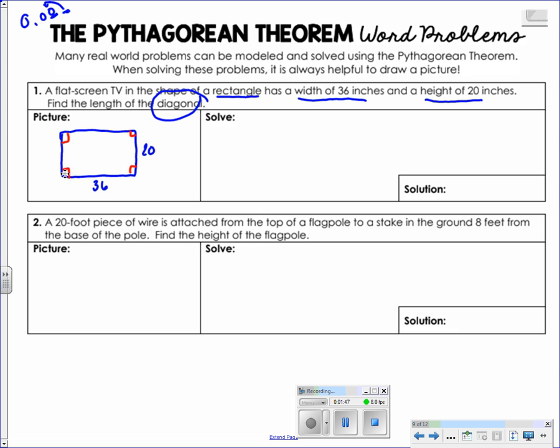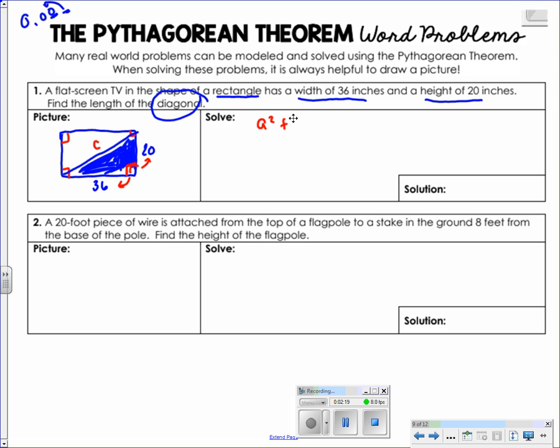And then if you connect, because we want to find the diagonal, so the diagonal would be from corner to corner, you can then see, I'm going to shade in this part, that we now have a right triangle. And then the right angle would be here in this corner. So these two sides are my legs, and the diagonal becomes our hypotenuse.